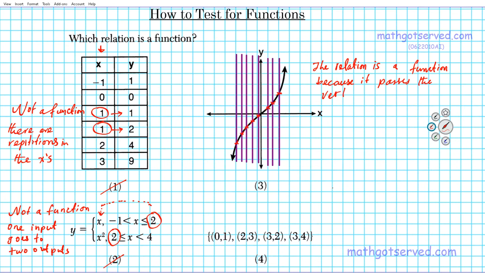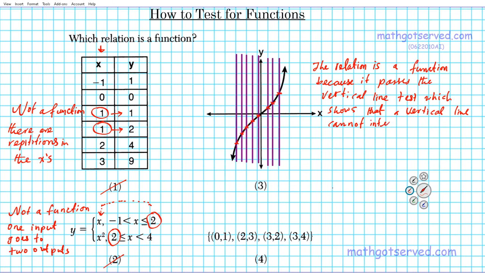The vertical line test, which shows that a vertical line cannot intersect the graph of a function more than once. Okay? More than once.